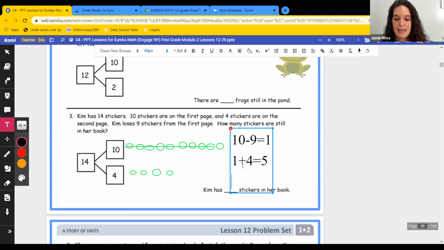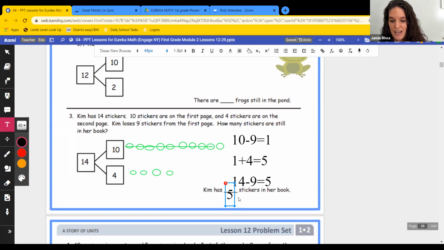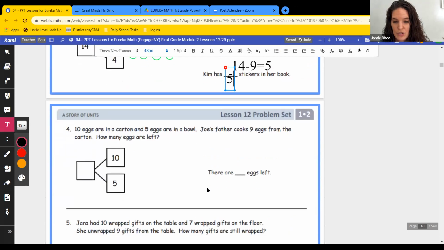Now I can say 14 stickers altogether minus the 9 that got lost from this first page equals 5 stickers. Now we can say Kim has 5 stickers in her book, okay? Now you're gonna do number 4 and 5.